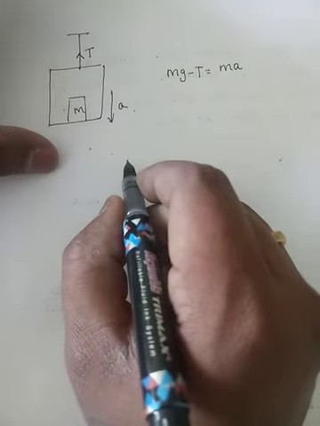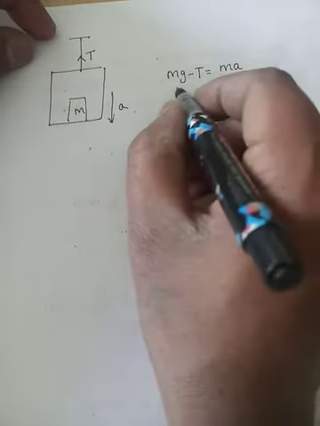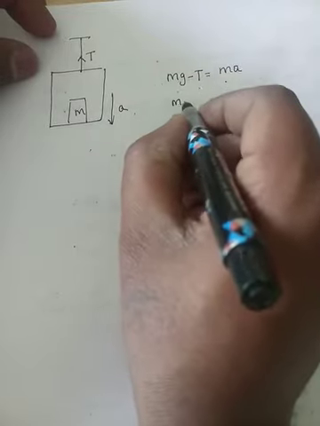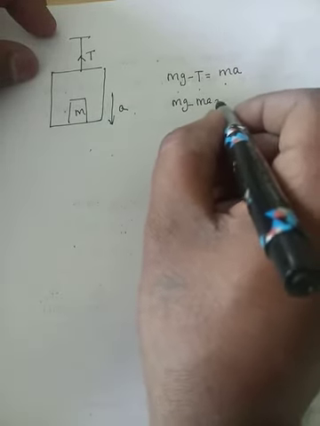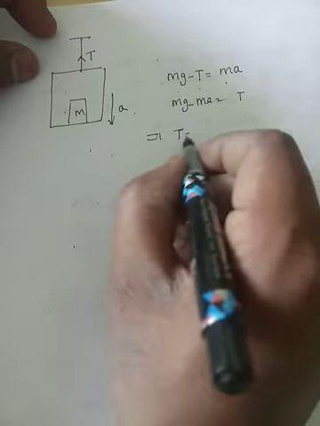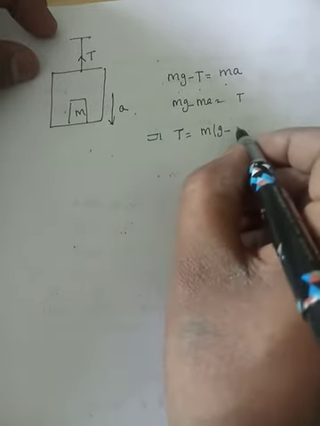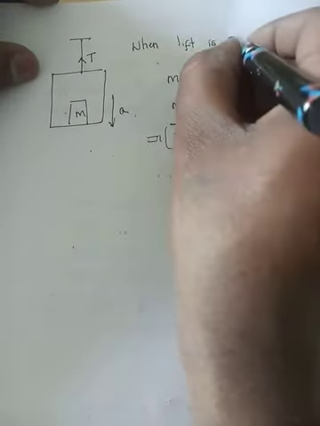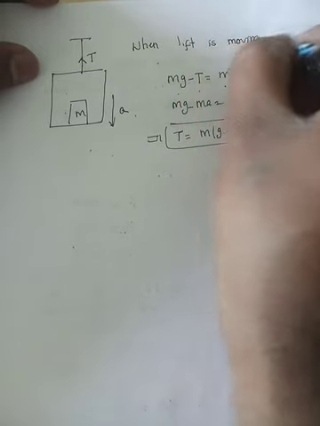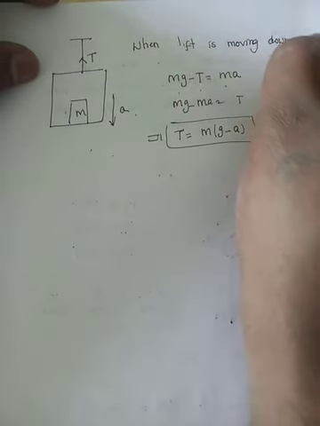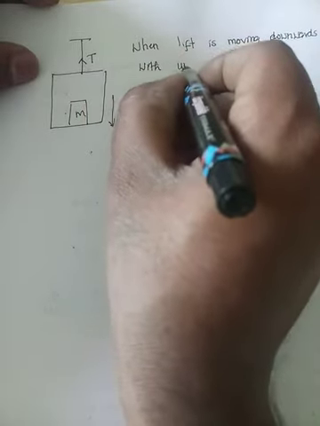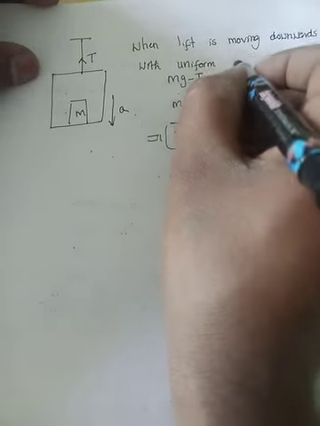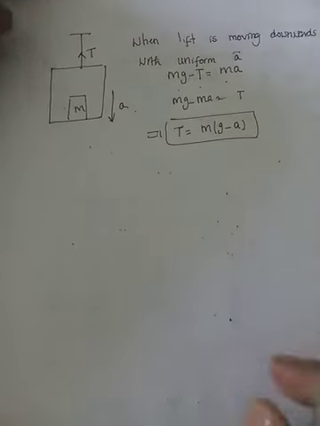What is the downward force? mg. What is the upward force? Tension. mg minus T equals ma. From this, mg minus ma equals T, which implies T equals m into (g minus a). This is when the lift is moving downwards with uniform acceleration a.